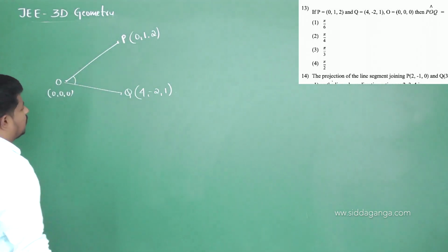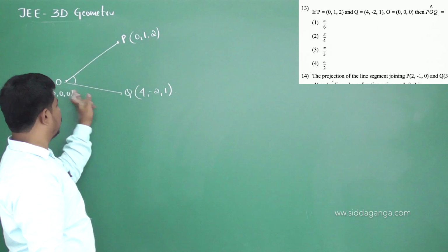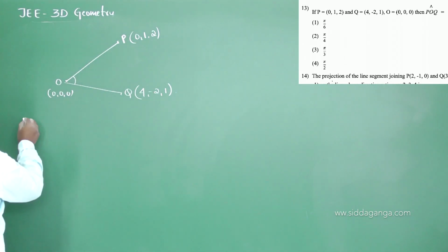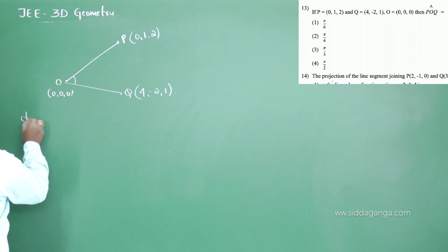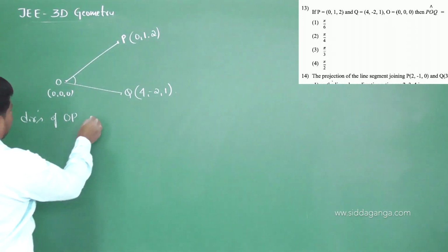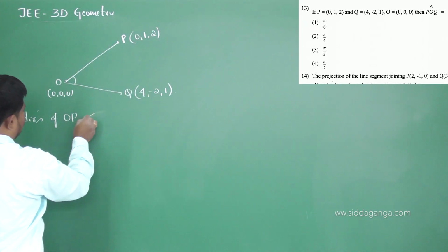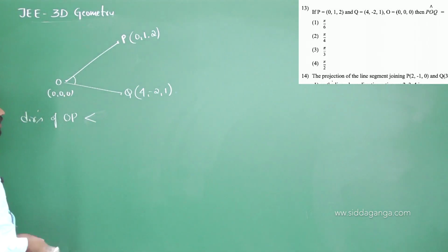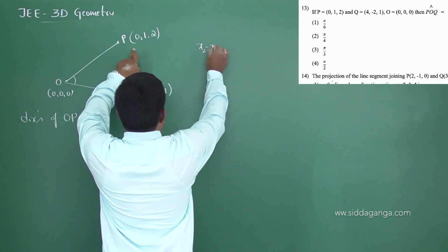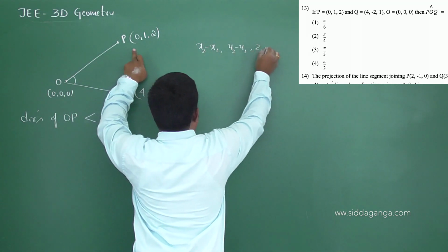Same as before, let's find the direction ratios of OP and OQ, and using the result cos theta, we can find the values. The direction ratios of a line joining two points (x1, y1, z1) and (x2, y2, z2) are given by x2 minus x1, y2 minus y1 and z2 minus z1.